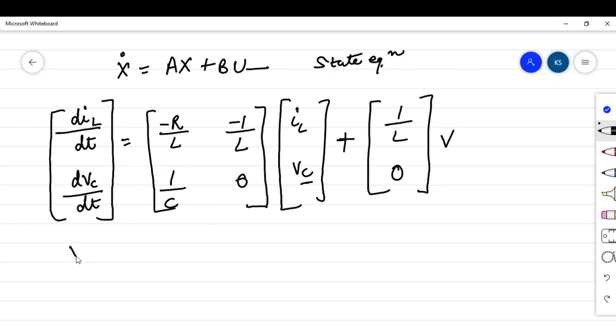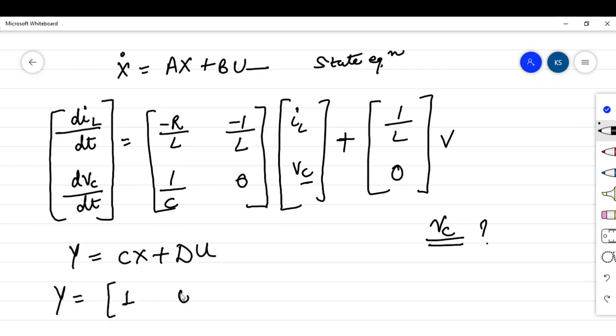Now you know that y equals Cx plus Du. As you can see, we are interested in finding the capacitor voltage Vc. So we can write y equals 0 1 times IL and Vc, because it is not dependent on D, so it is 0.